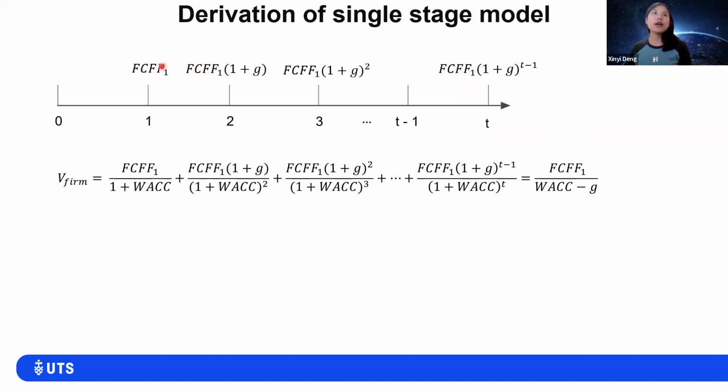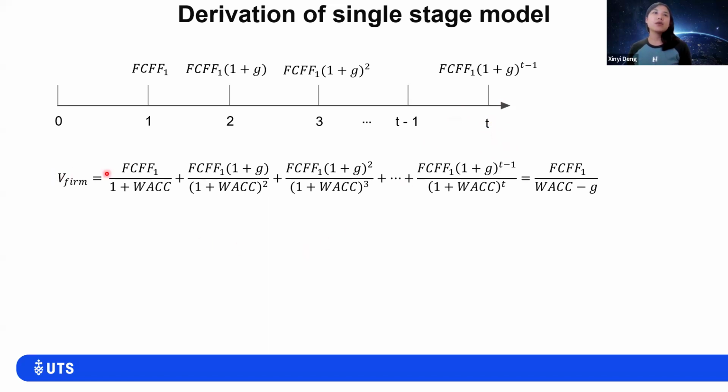After forming the forecasts of those cash flows, another thing we need to do is to discount them back. For FCFF1, we just discount it back by dividing by (1 plus WACC), and for period T, we discount back by dividing by (1 plus WACC) raised to the power of T. Because we know that for the single stage model, the cash flows grow forever, T here is a number that is really close to infinity.